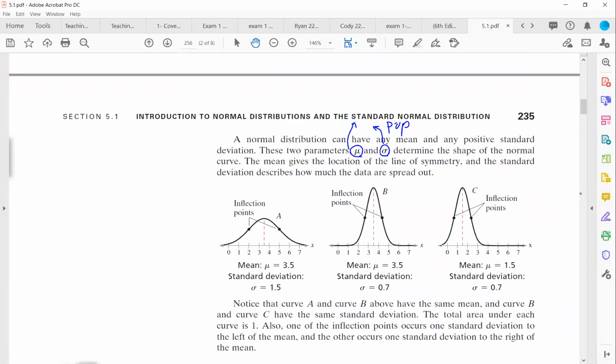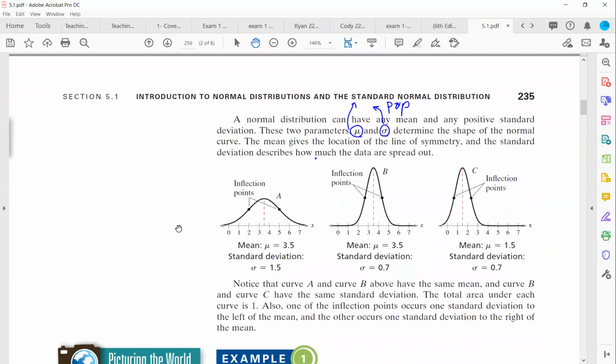Population, not a sample. Mu is the mean of the population and sigma is the standard deviation of the population. Determine the shape of the normal curve. The mean gives the location of the line of symmetry. And the standard deviation describes how much the data are spread out.